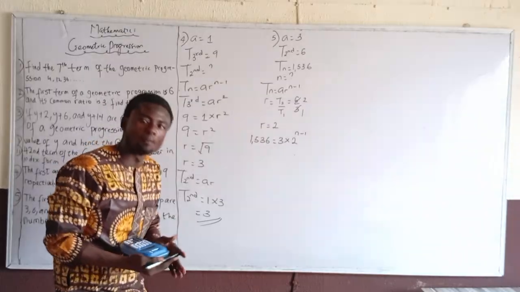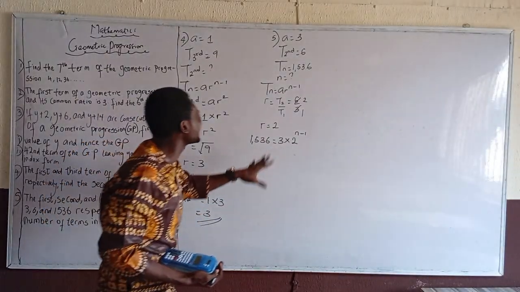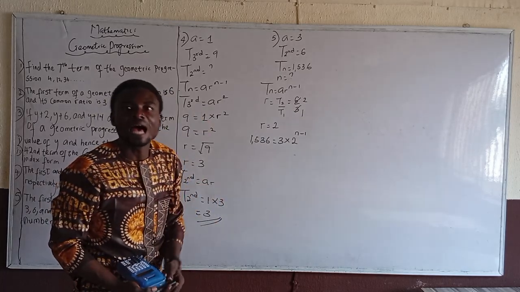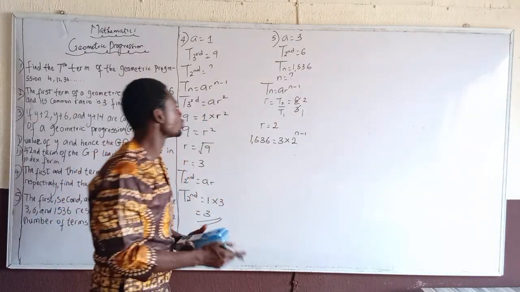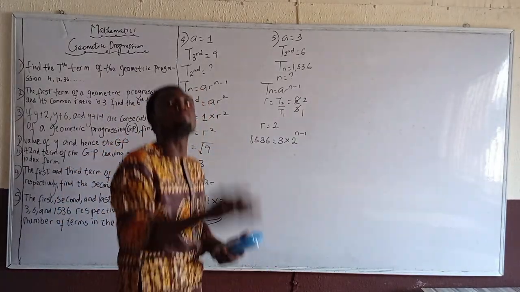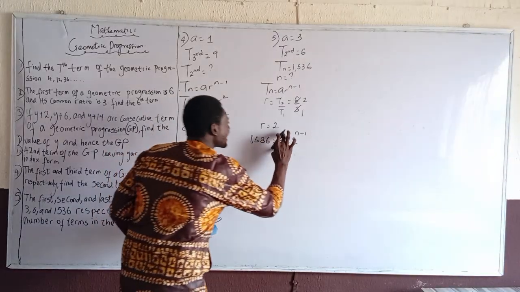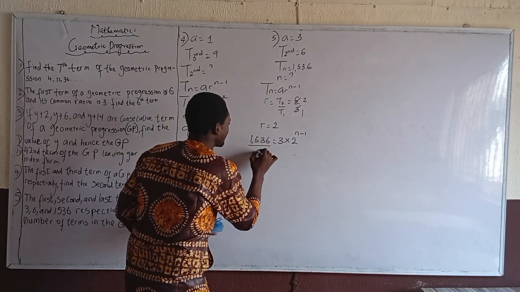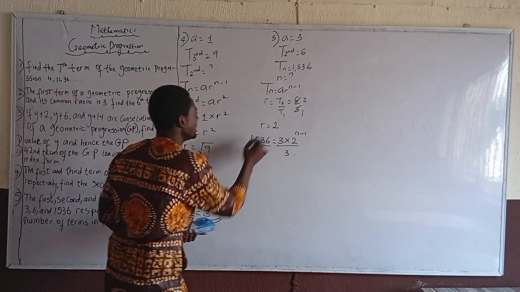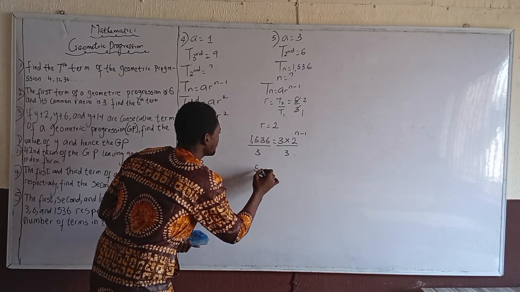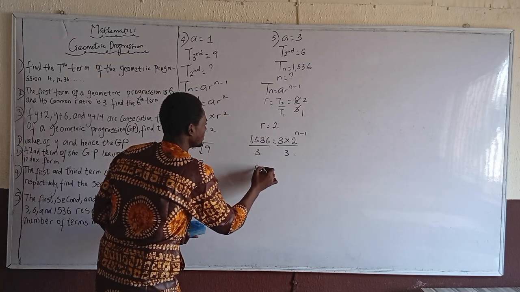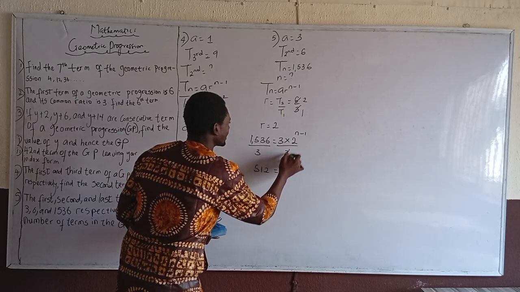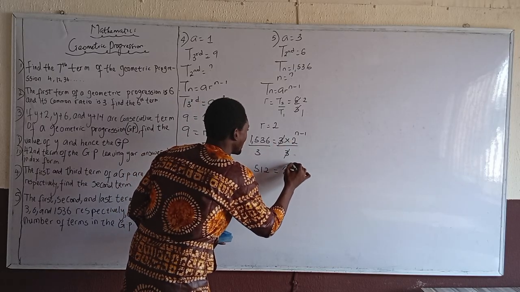Now, I'm looking for n. So anything I have there that is disturbing n, I need to remove it. So my first step is to divide both sides by 3, to take away this 3. Divide by 3, divide by 3. Here will give me 512, and 3 cancels 3 here, 2 raised to n minus 1.